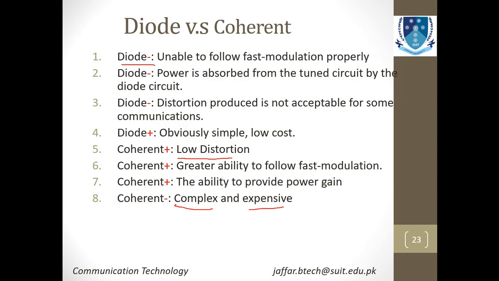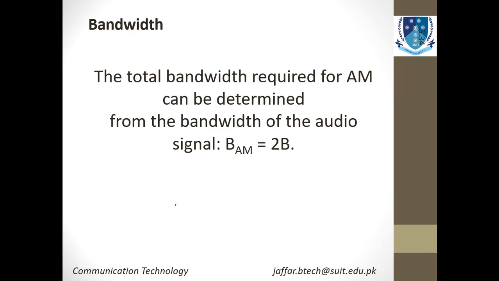I hope that you have understood quite a lot. Let's talk about the bandwidth requirement for amplitude modulation. The bandwidth requirement in amplitude modulation is a little bit high because of this double sideband scenario.